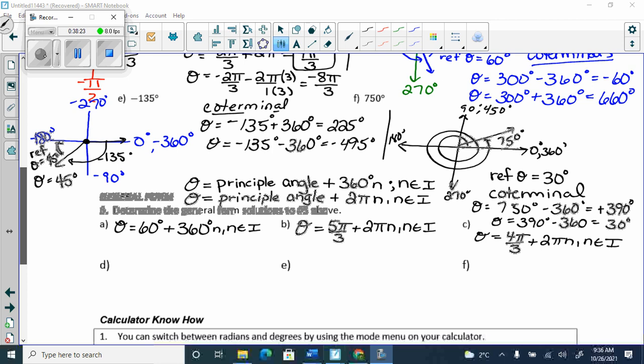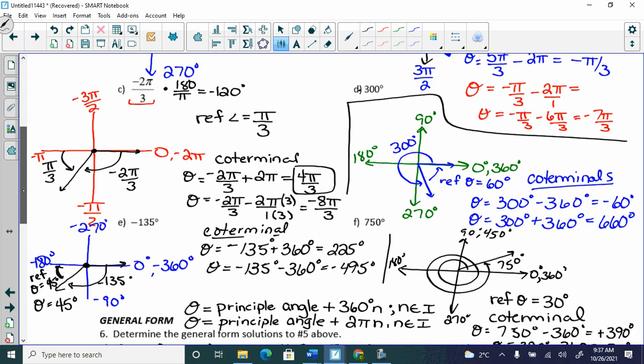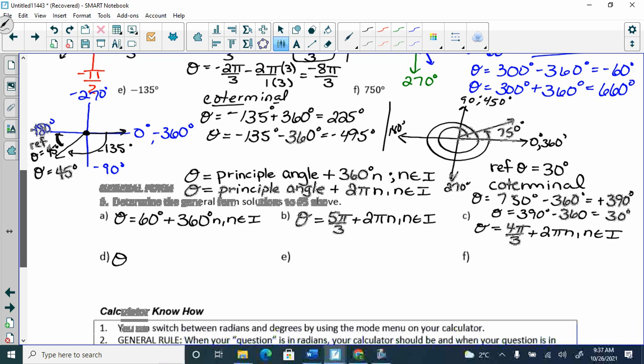So D is 300, that is the principal. So 300 plus 360 degrees n, n an element of the integers. E, it's negative 135, so the principal is actually 225. It's this one.